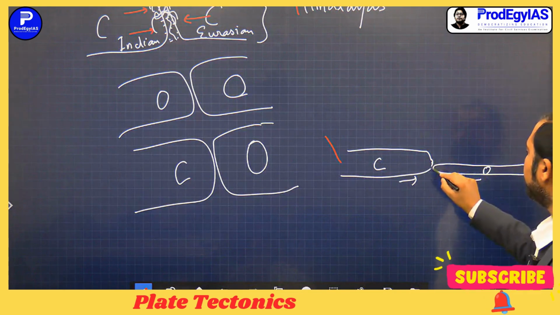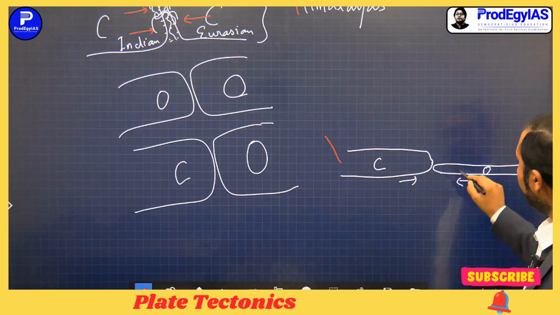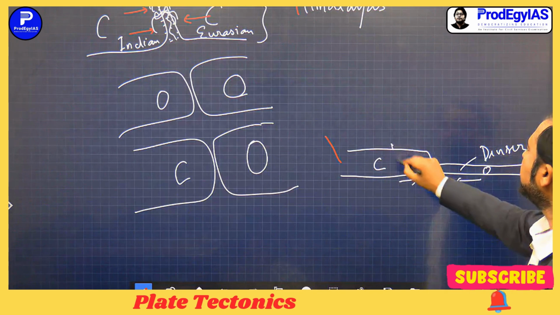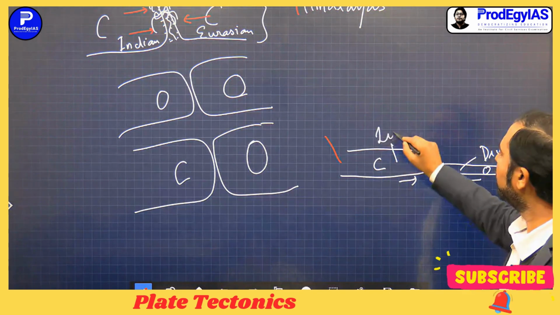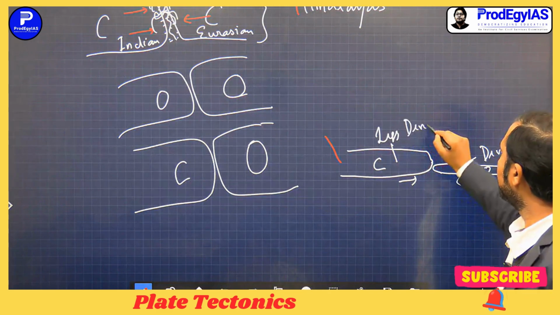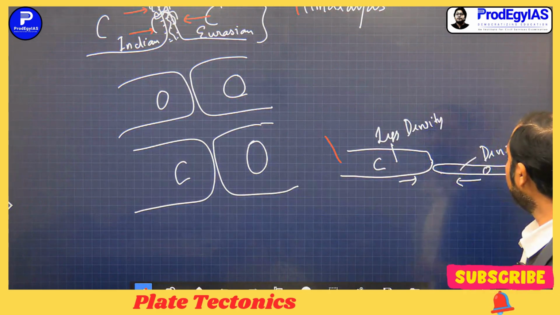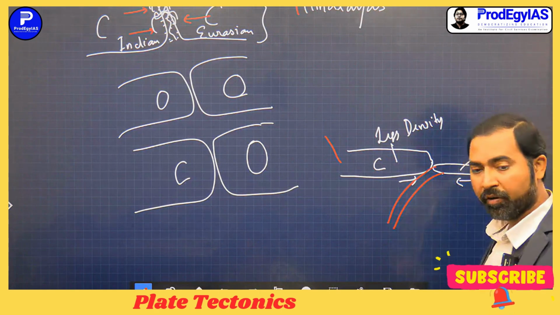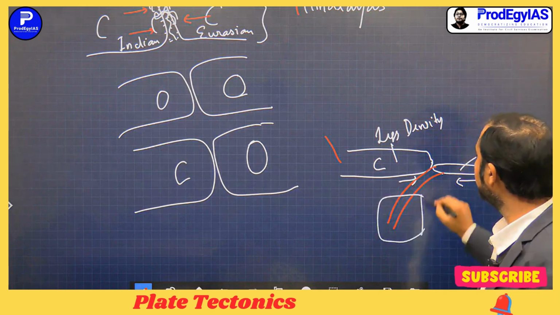The continental floor has less density. You know that more dense material will go downwards, and this process is known as subduction.